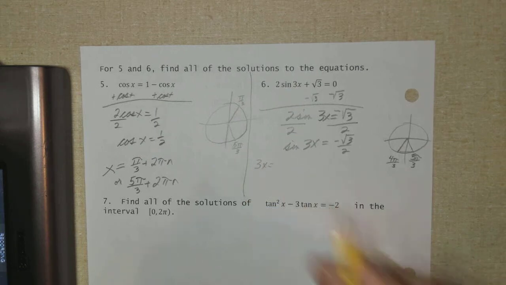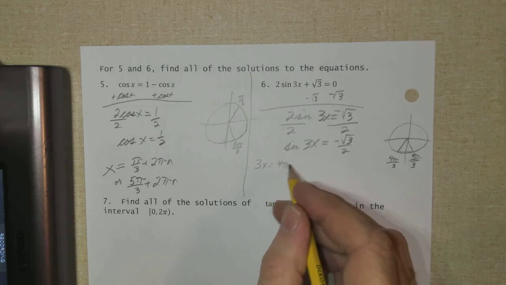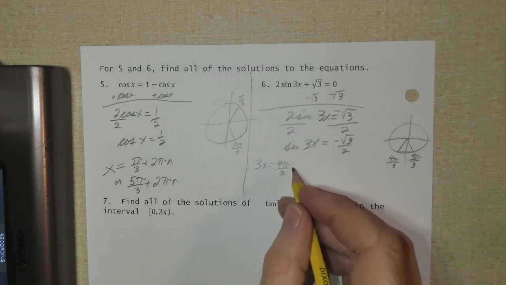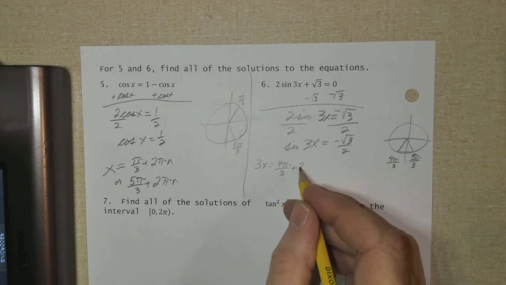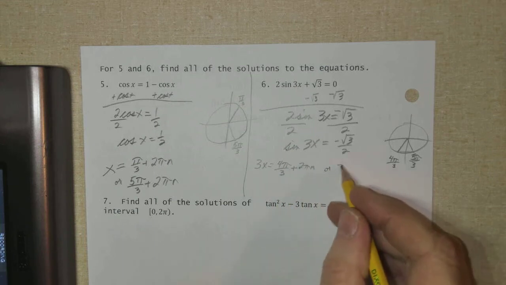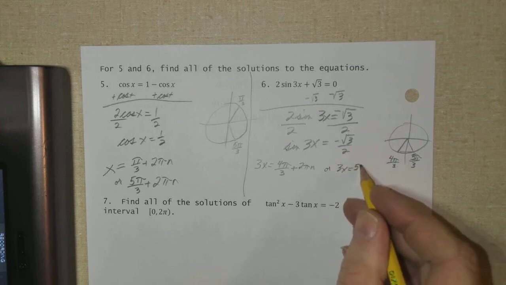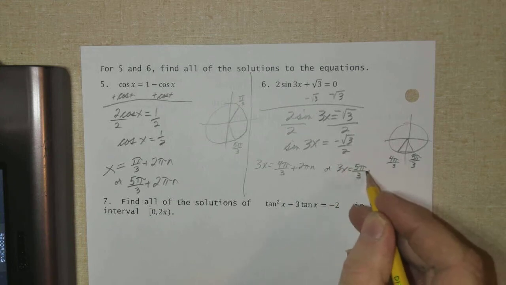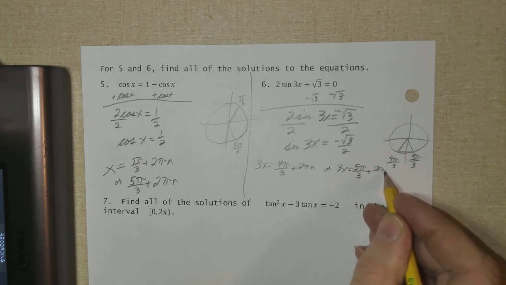So 3x is equal to 4 pi over 3 plus 2 pi n, or 3x equals 5 pi over 3 plus 2 pi n.